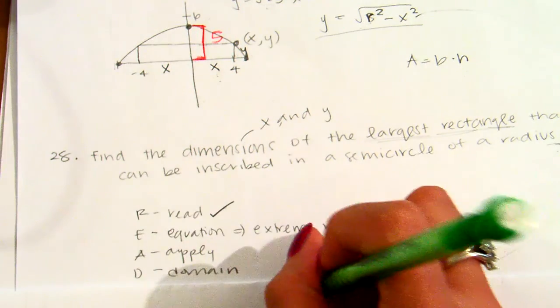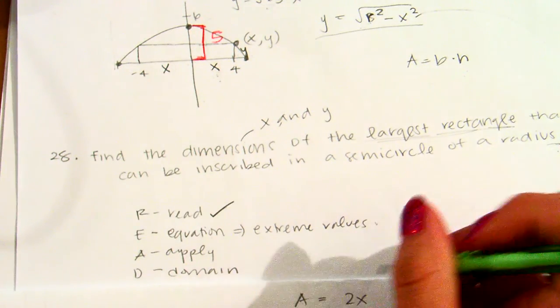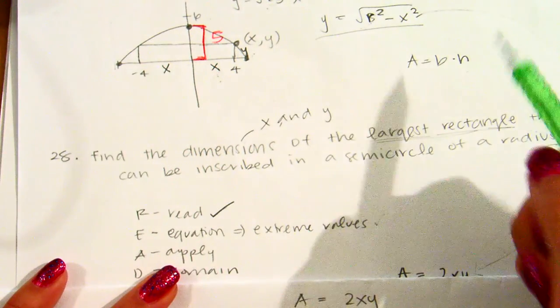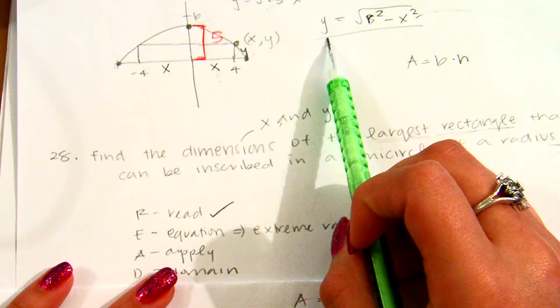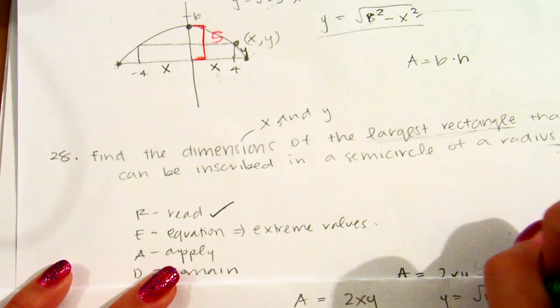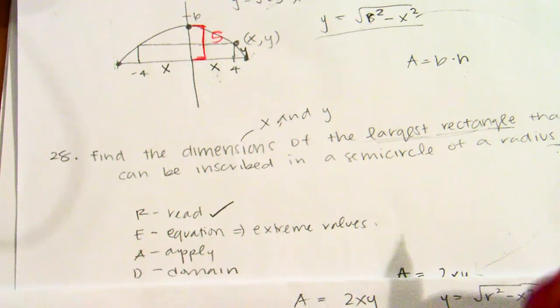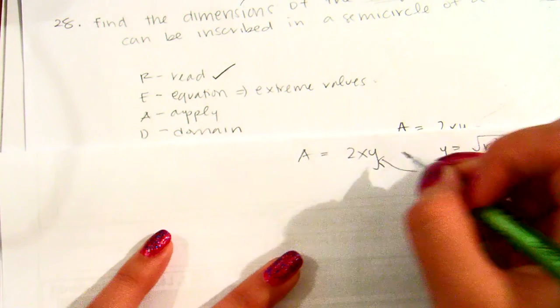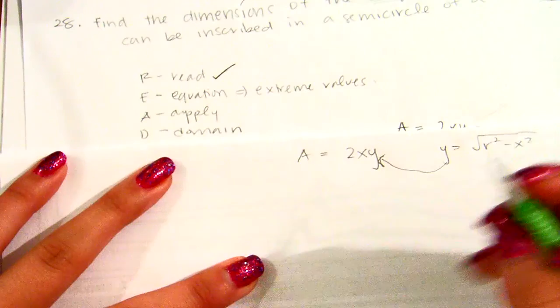So to find our area, we use 2x, and our height is represented by y. And right here, it already solves for y, so this is our second equation. So then we could substitute this into this equation in order to solve for x.